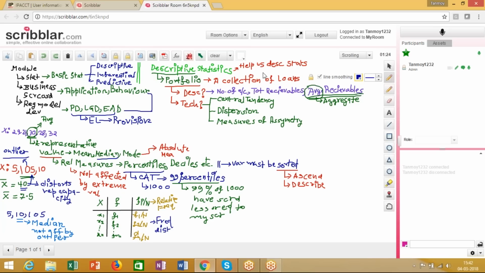So let's look into this graph. I'll just create a graph over here. Right. So over here I have x, the values of x, and over here you'll have the values of the relative frequency.